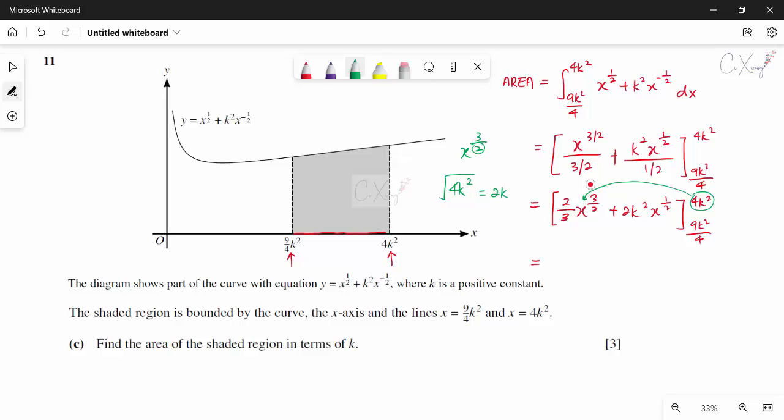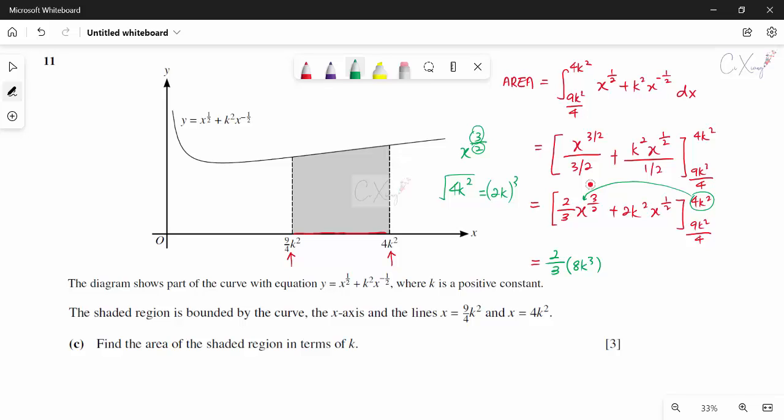After you get 2k, only then you power it, power 3. Once you get 2k power 3, what do you get? You get 8k power 3. So for this part, you will have 2 over 3 multiplied with 8k power 3.